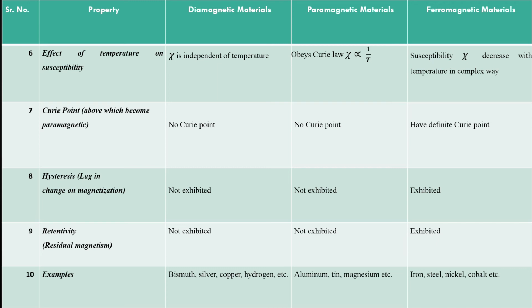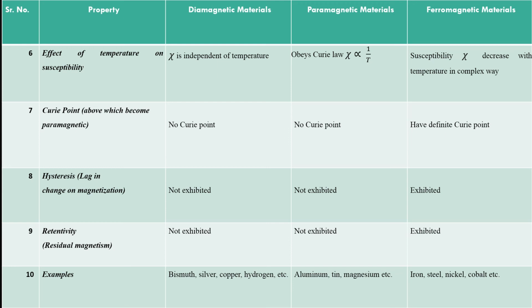Next point is hysteresis. Hysteresis is the lagging of H behind M. That means if we apply an external magnetic field, we get magnetism, and when we remove that magnetic field, the material should lose its magnetism or magnetization.